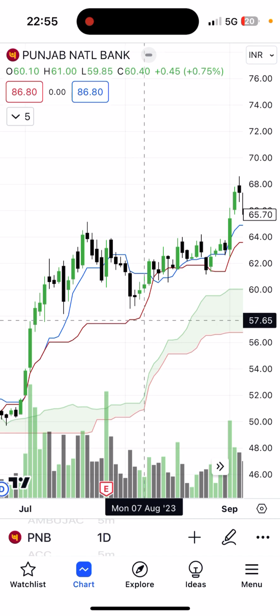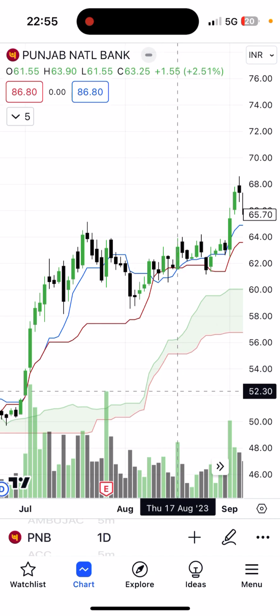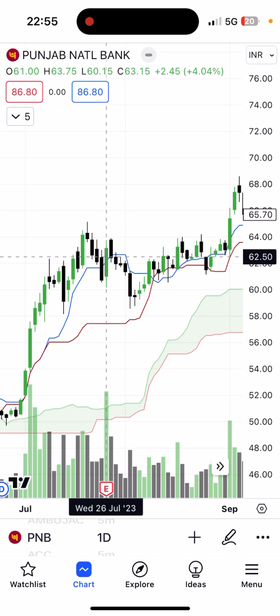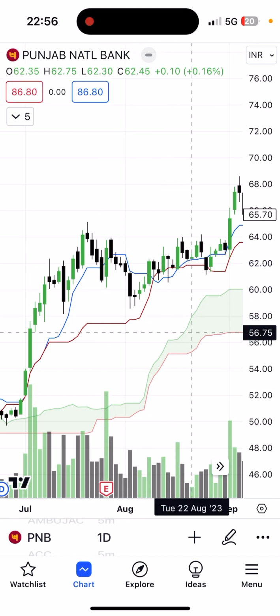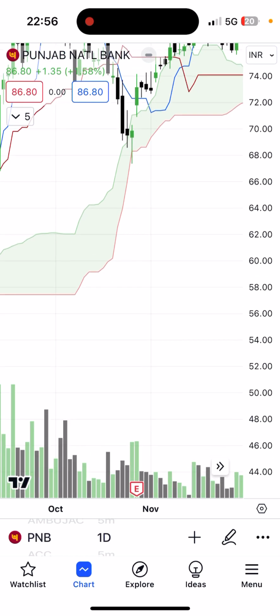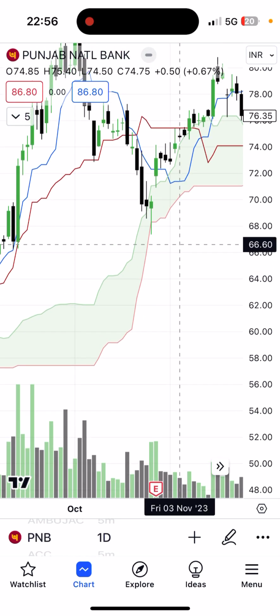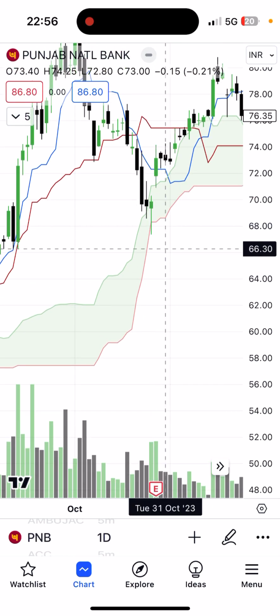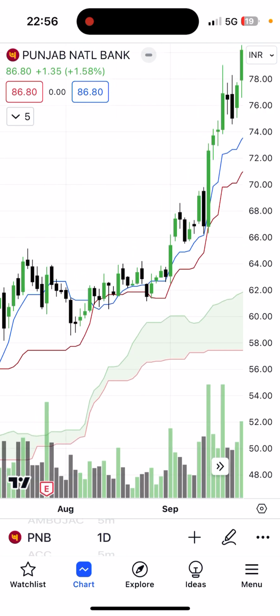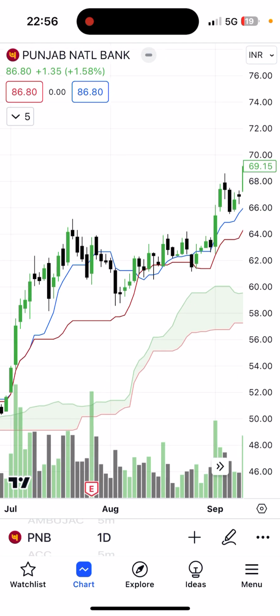You can re-enter when it tests the red line and keep a stop loss below the cloud, or you can wait for it to test the cloud and keep a stop loss below the cloud. All these strategies work out, but you have to see which one is best suited to you.